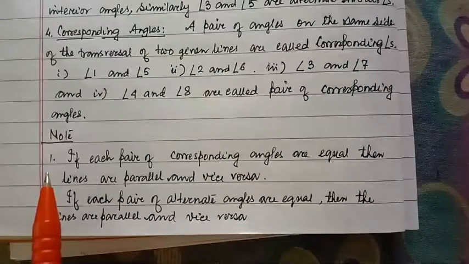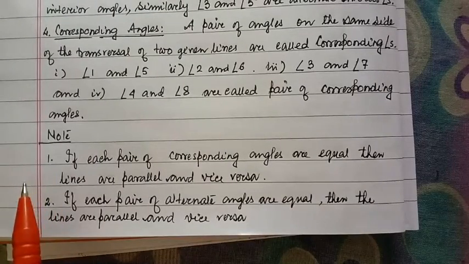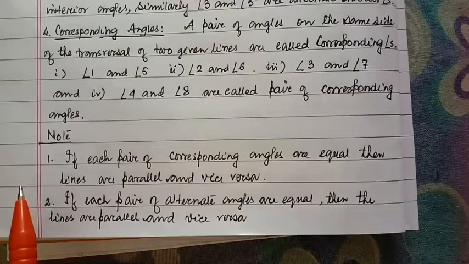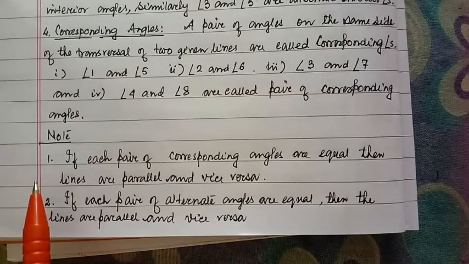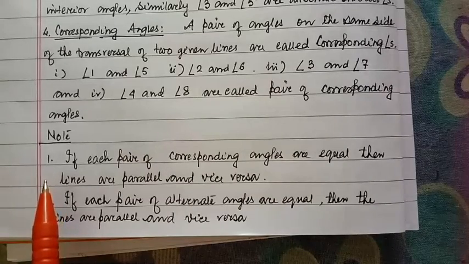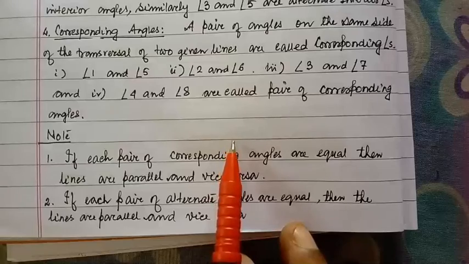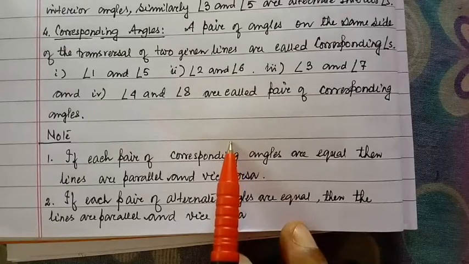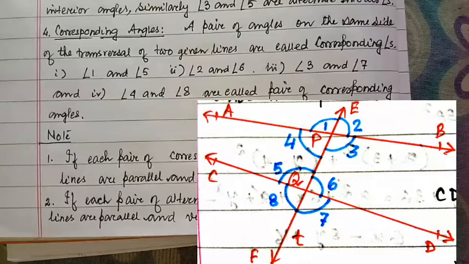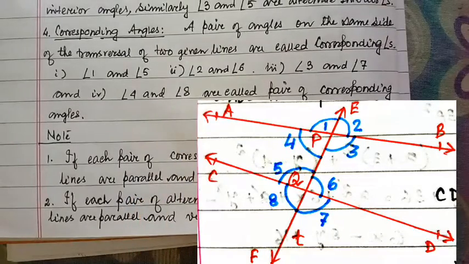The corresponding angles. A pair of angles on the same side of the transversal of two given lines are called corresponding angles. In the figure, angle 1 and angle 5 are corresponding angles.